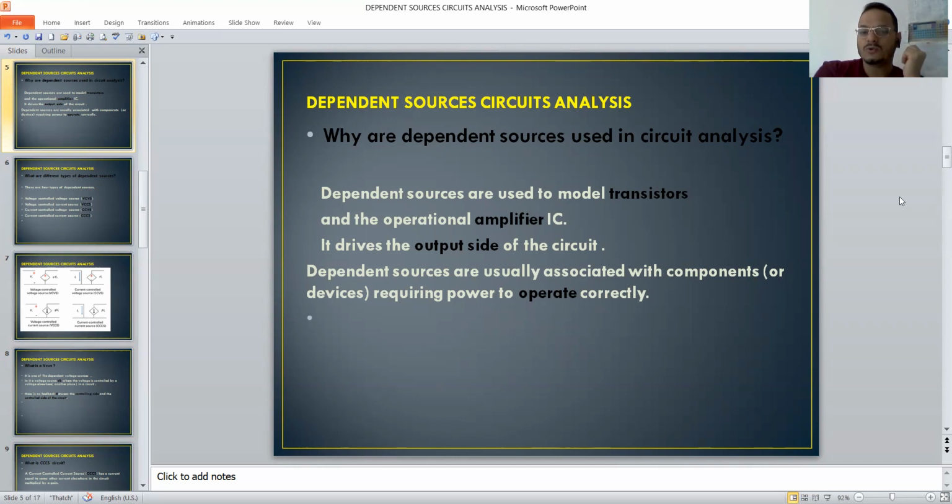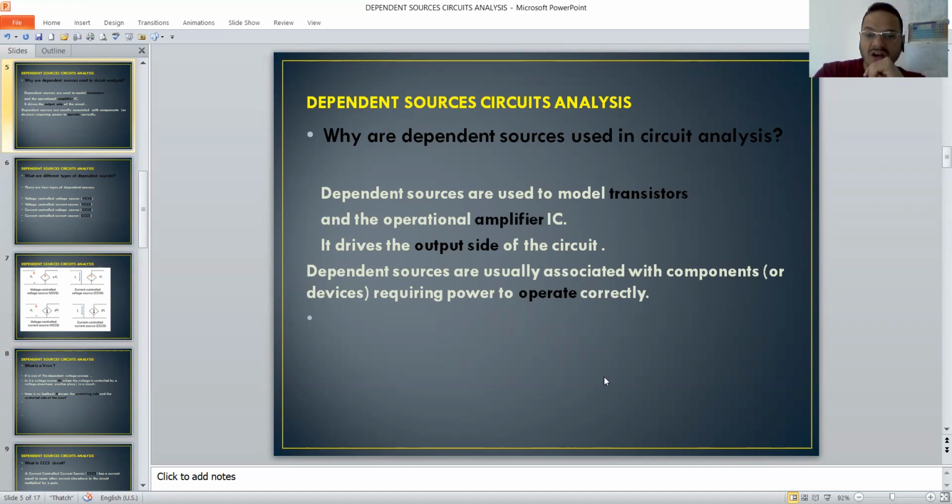Dependent sources are used to model transistors and the operational amplifier. It drives the output, something like a driver. It takes the current in the copper wire and drives the output side of the circuit.